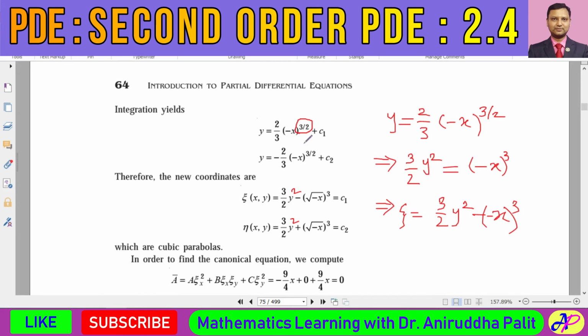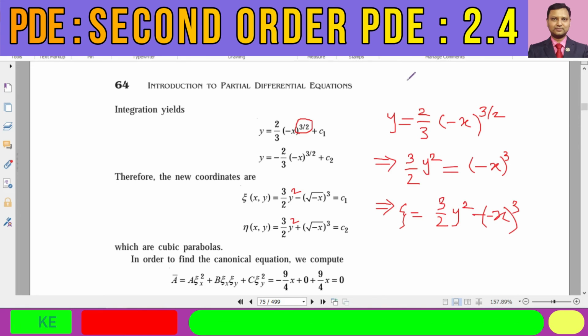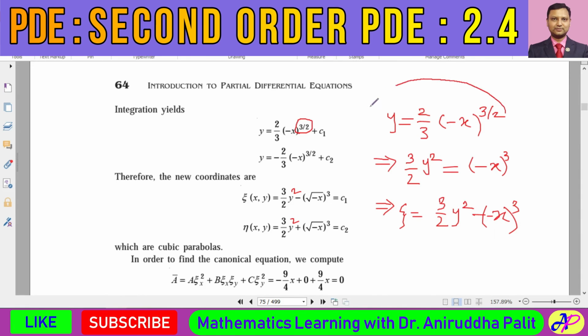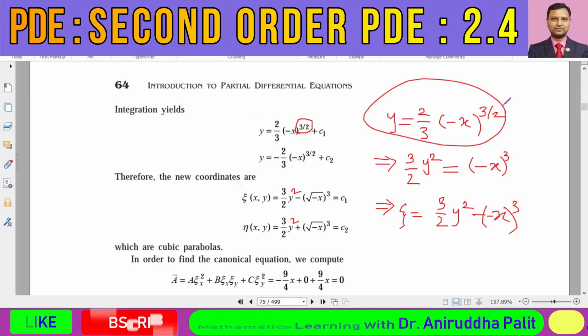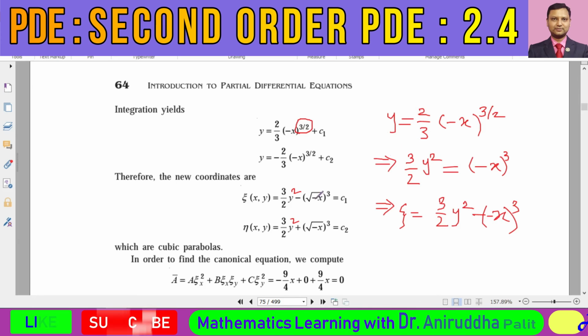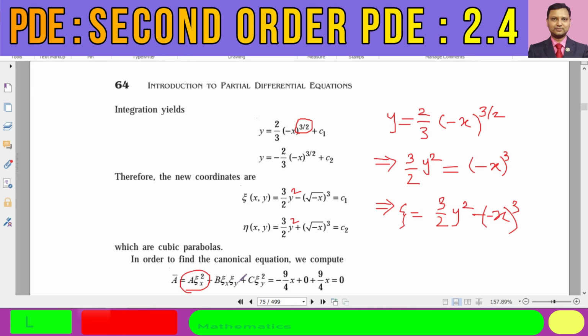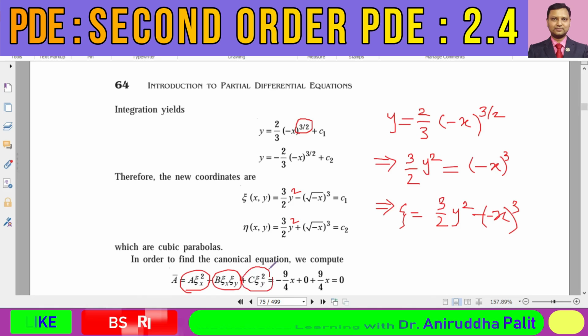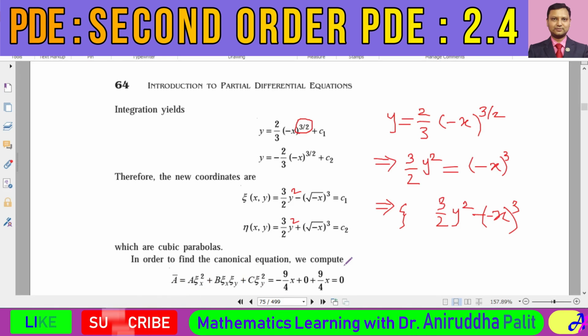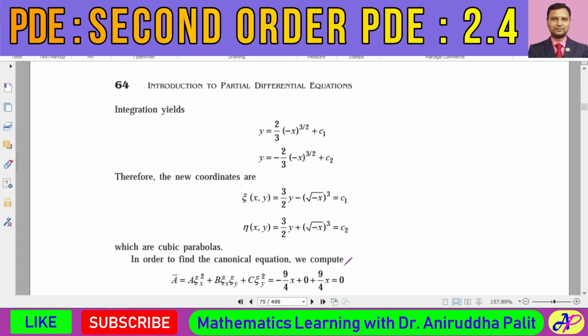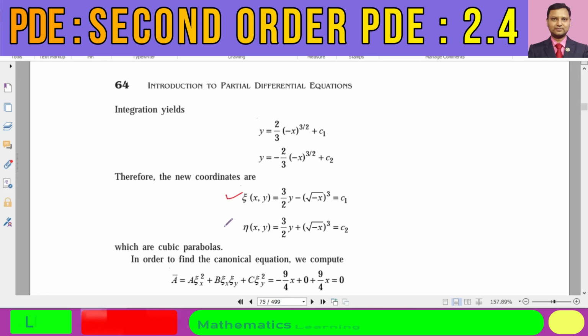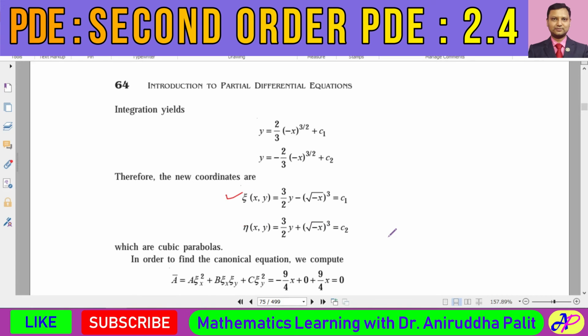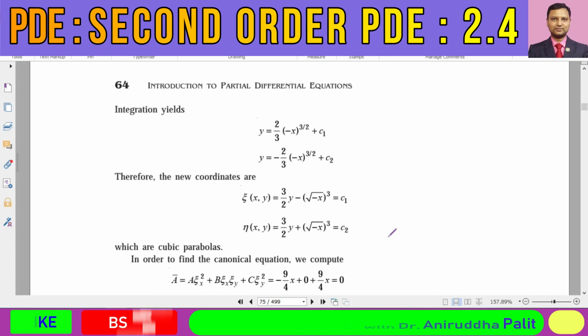Or we can simply choose y just from this expression. We can simply choose the expression of xi and eta. In that case, this kind of derivatives would be a bit complicated derivatives. In this way, they have taken the variables xi and eta. These are some tricks that they have used.